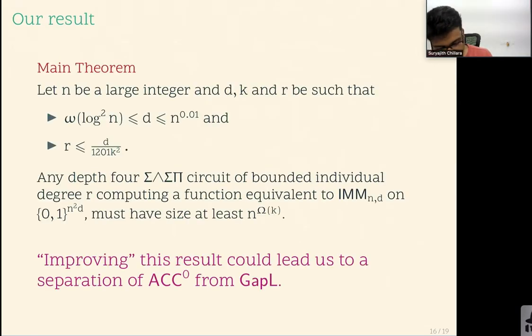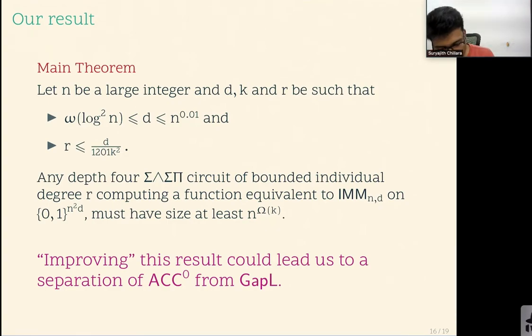Let's look at the main theorem again. For large integers n and parameters d, k and r such that d lies between log square and sublinear, and r is at most d by k square, any polynomial of bounded individual degree r that is functionally equivalent to IMM over 0 1 power n square d, if computed by a sigma power sigma pi expression, then that expression must be of large size.